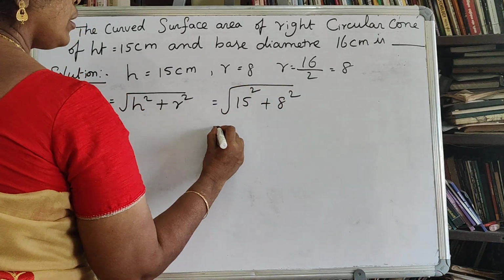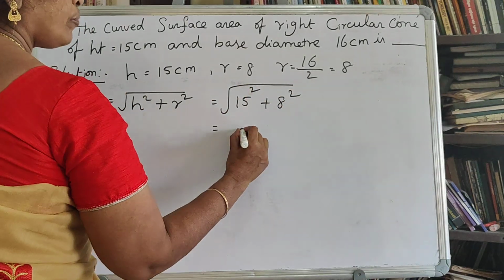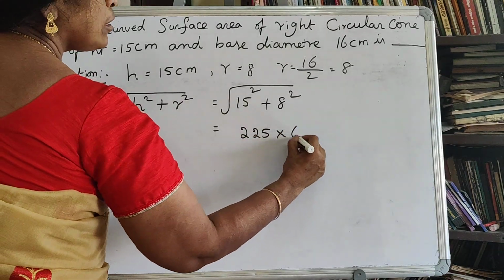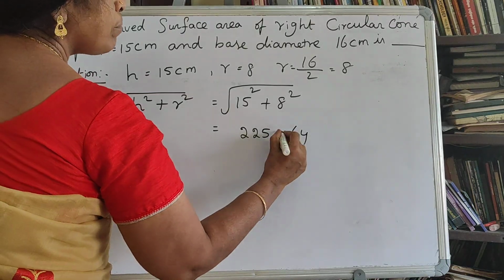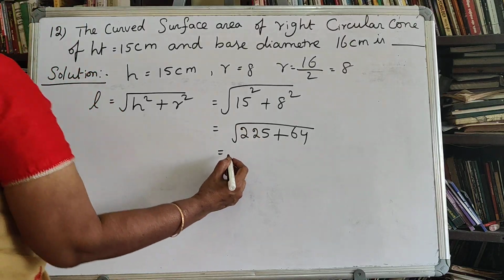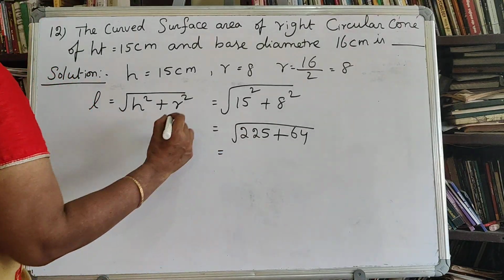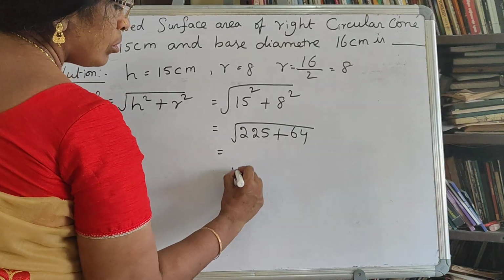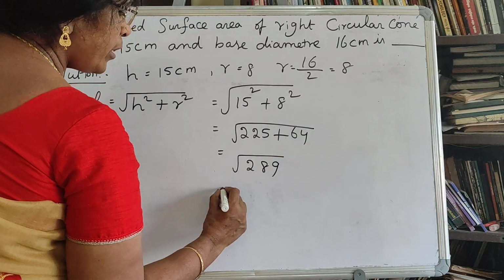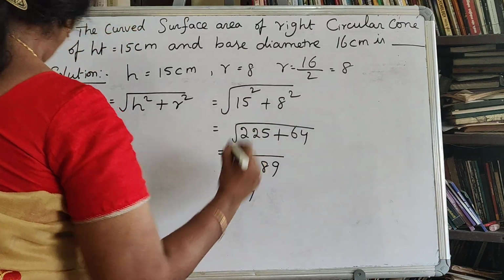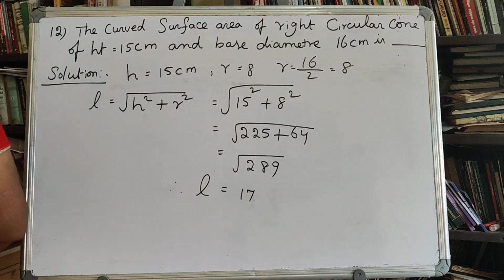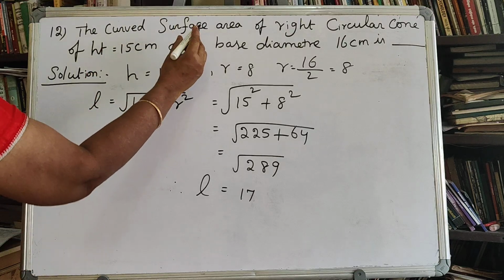Root of, equal to 225 plus 64. 15 into 15 is 225, plus 64. Root of 289. Root of 289 is 17. Therefore, L is 17.